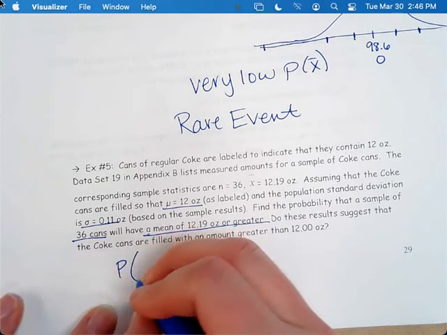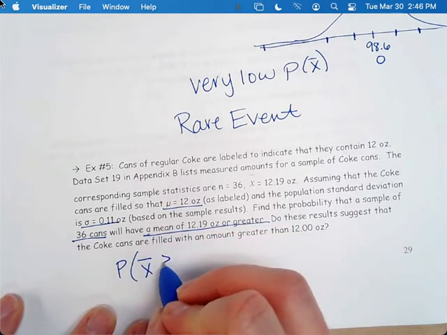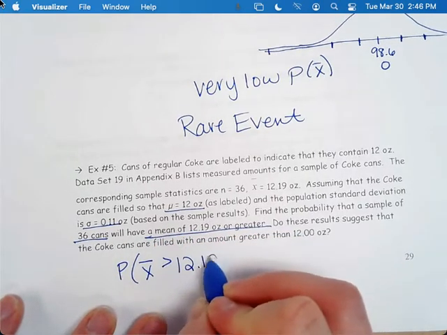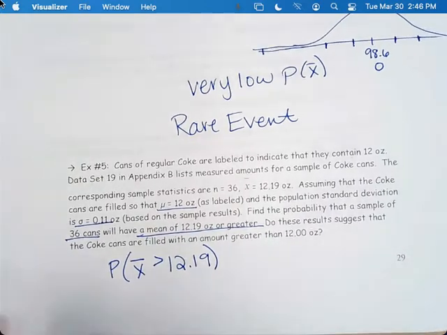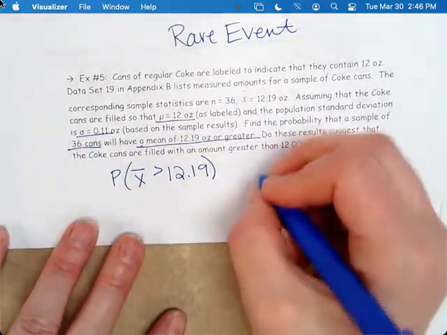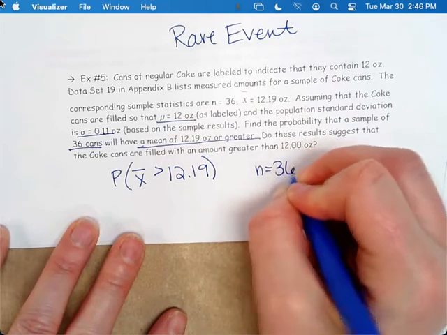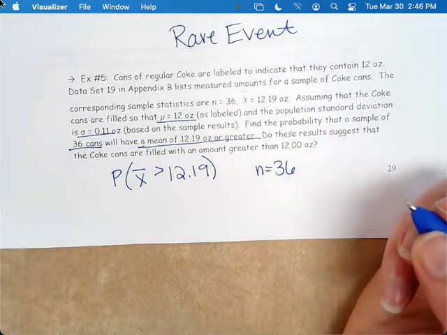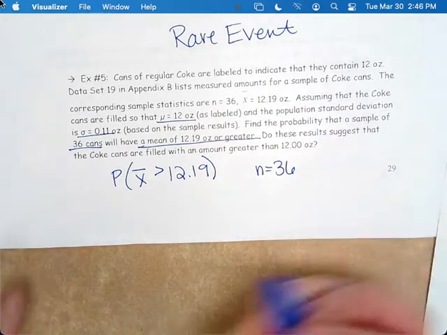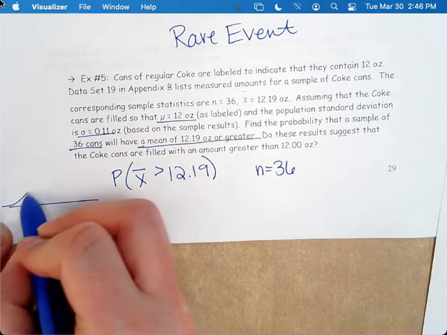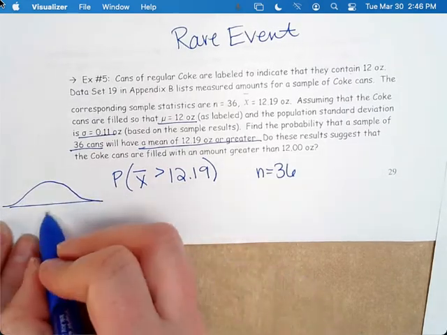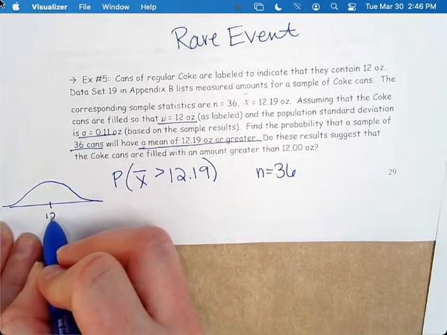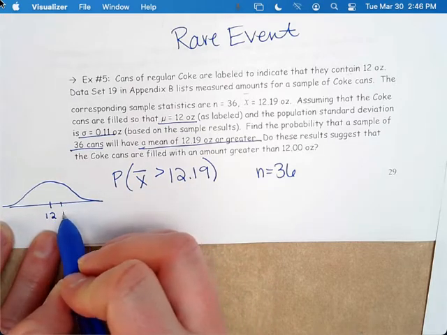So it's a probability that the mean is greater than 12.19. And we're looking at a sample size of 36. So our mean is 12, and we're looking at 12.19.